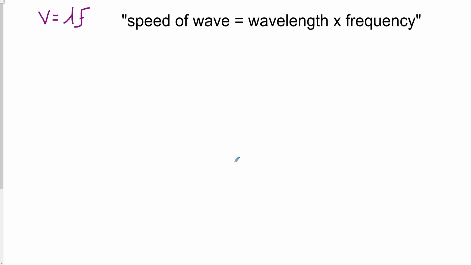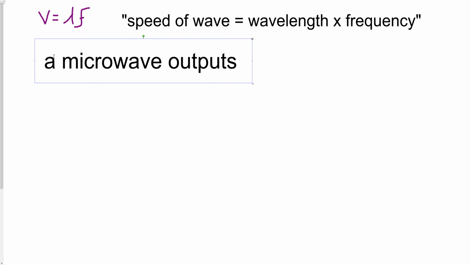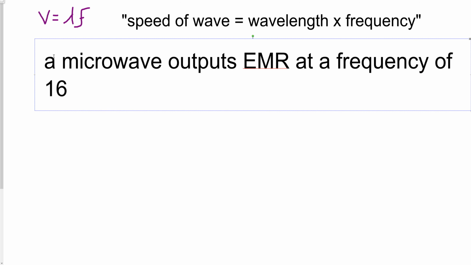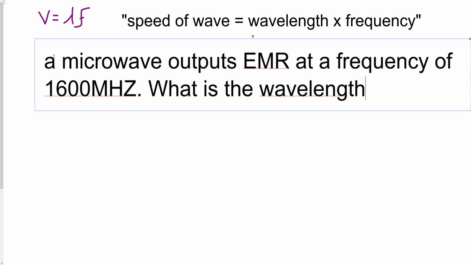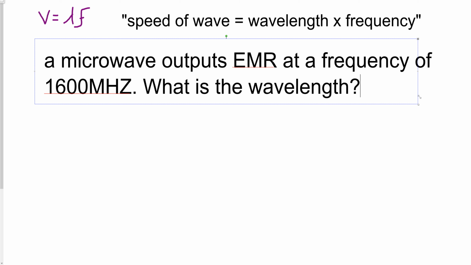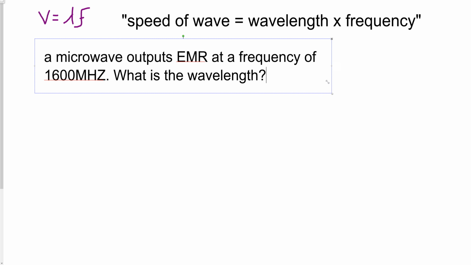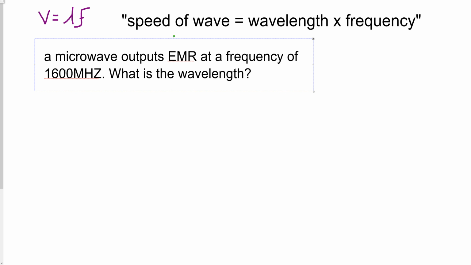So one thing that you might end up being asked is something like this. We always ask you to convert between wavelength and frequency. So here is a good example.